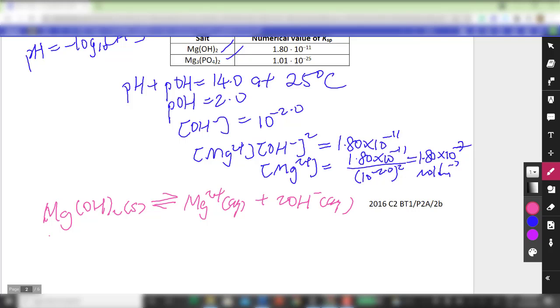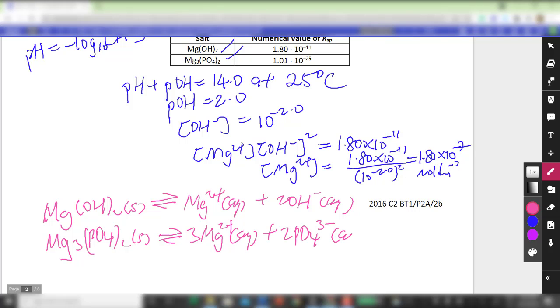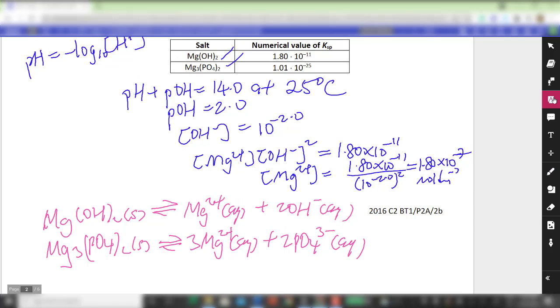Then we also have magnesium phosphate, a solid, which equilibrates to give us 3Mg2+ aqueous plus 2PO4 3- aqueous.